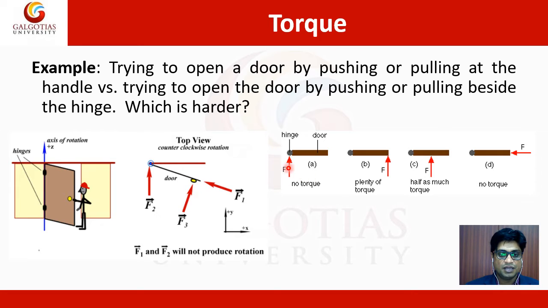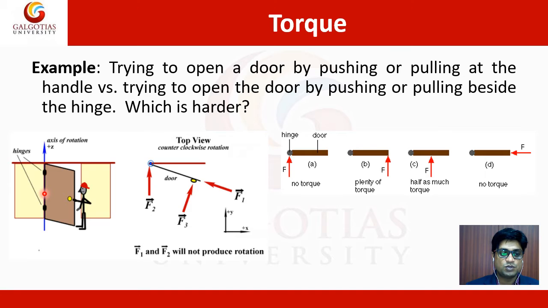Let's see another way. If the door is here and the hinge is here, and we apply the force right at the hinge, then there will be no torque, meaning no rotation, and the door will not open.